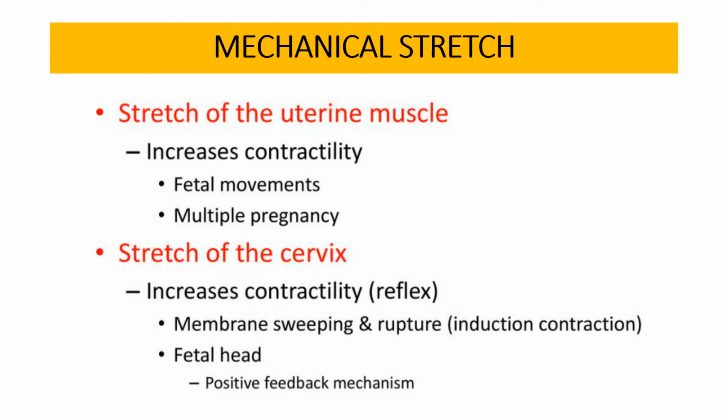So whenever you are doing a membrane sweeping or there is a rupture of membrane, this leads to stretching of the cervix. Also the fetal head, which is pushing on the cervix and stretching the cervix, provides the positive feedback mechanism, and both the stretch mechanisms and the hormones together work to increase the contractility of the uterine musculature.